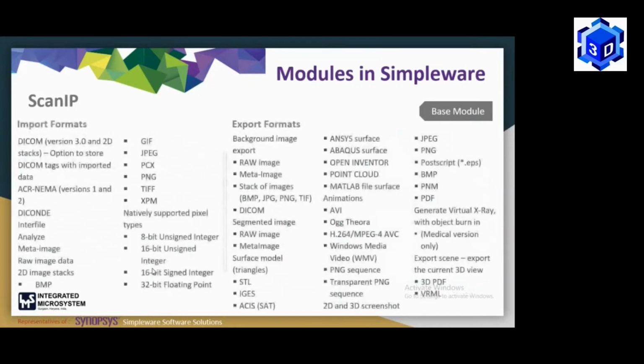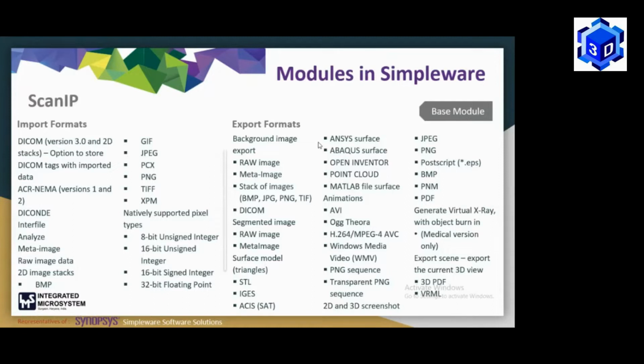So these are the relevant formats accepted by the software, and these are the export formats accepted. DICOM is the standard format that Simpleware mostly uses, and another is the industrial DICOM format. Then we have JPEG and PNG formats also, and we provide export to ANSYS, Abaqus, MATLAB, COMSOL and others.